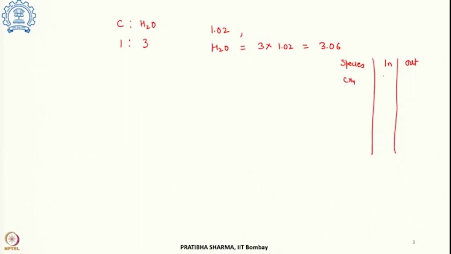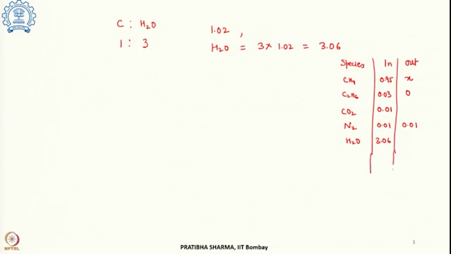Methane is given to be 0.95; let us assume that in the outlet stream the unreacted methane is X. Ethane C2H6 is 0.03 mole percent, and we assume that it is completely reacted. CO2 is 0.01, which we will find out. N2 given is 0.01, and it is not consumed in the reaction. Water we have just seen is 3.06.